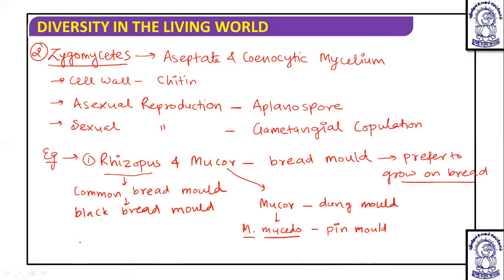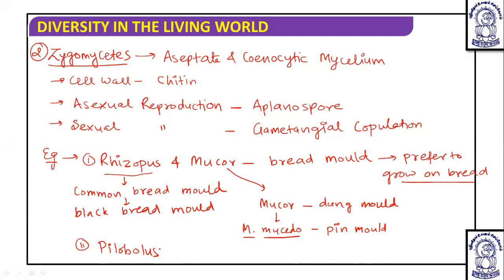Apart from this, another example which can be observed is Pilobolus. Pilobolus is also an example of these zygomycetes. We have studied that these zygomycetes are also known as conjugation fungi.